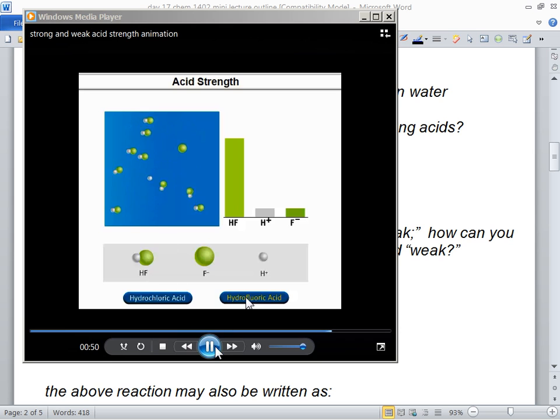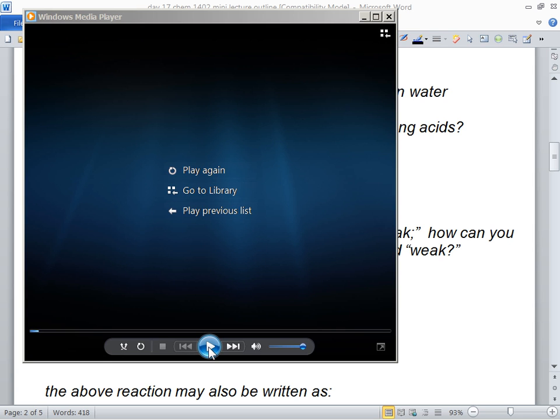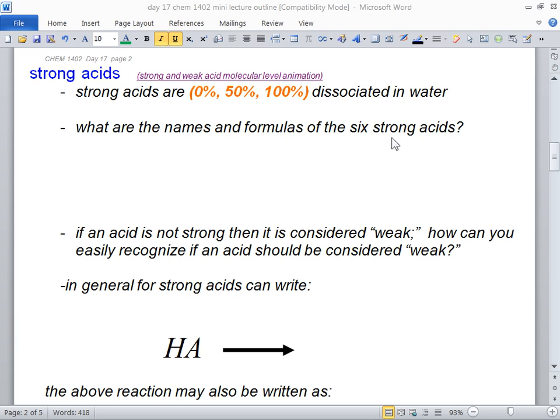Did you see it? There's a little guy floating around. All right, so it's rare. Here's a hydrogen ion and a fluoride anion. So this HF, hydrofluoric acid, is a weak acid. Okay, but is it an acid? Yeah, it's an acid. It's just a weak acid. So that affects its chemistry.